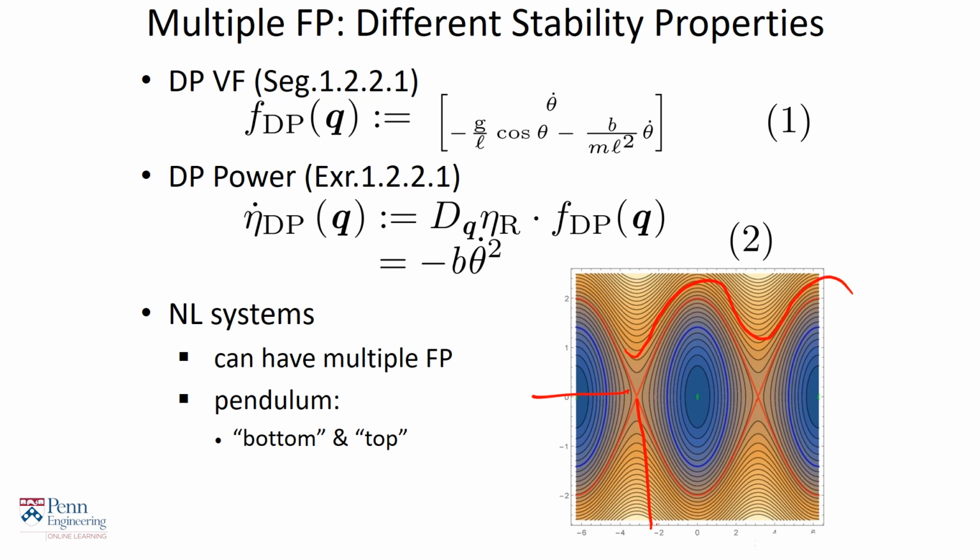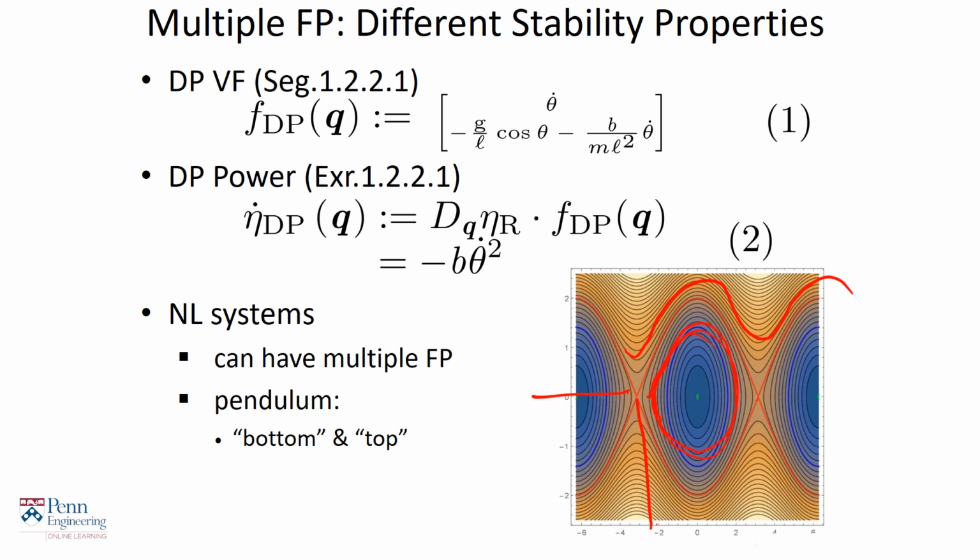Or if your energy was just a little bit less and you're close to the fixed point but just not quite there, then you'll be orbiting back and forth, which is what this trajectory looks like physically, and you'll be swinging up and back at the same height again and again. All right?